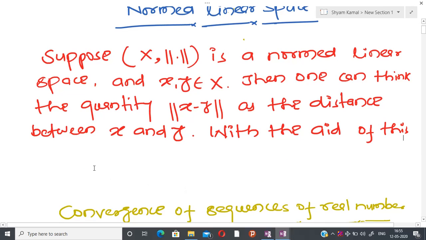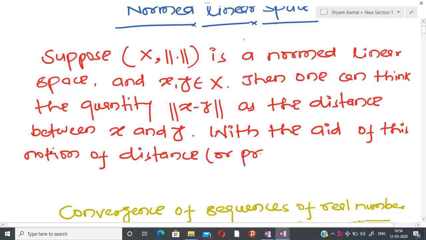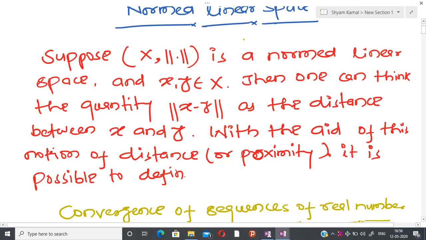So it is possible to show that with the aid of this notion of distance, and we are also telling proximity means nearness in the space, that is called proximity, it is possible to define the notion of convergence.